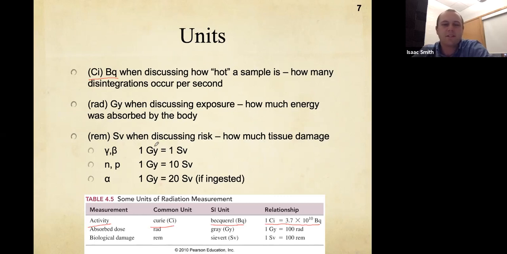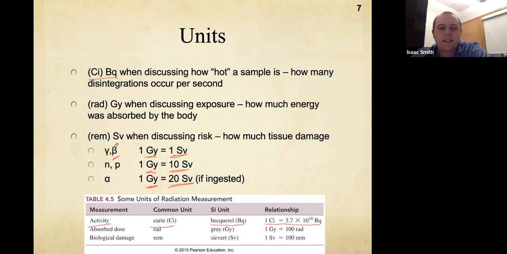So what happens here is you take the gray, so again, the gray is talking about how much energy came off of the radiation source. And then it's going to be multiplied by a certain factor depending on what kind of radiation it is. Okay, so let's say you receive 1 gray of beta radiation, okay? It's just 1 sievert of radiation.